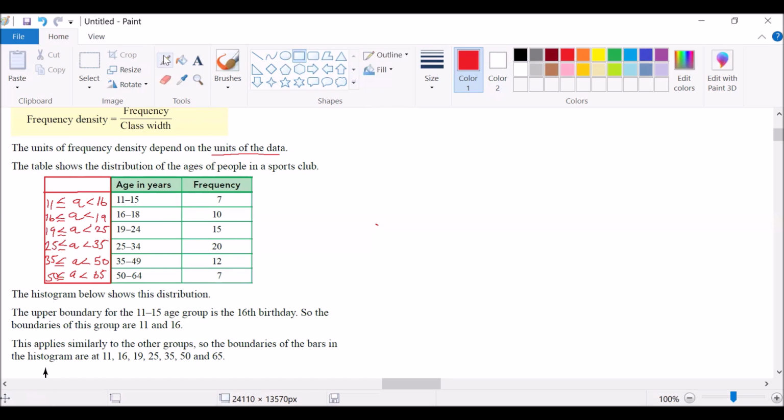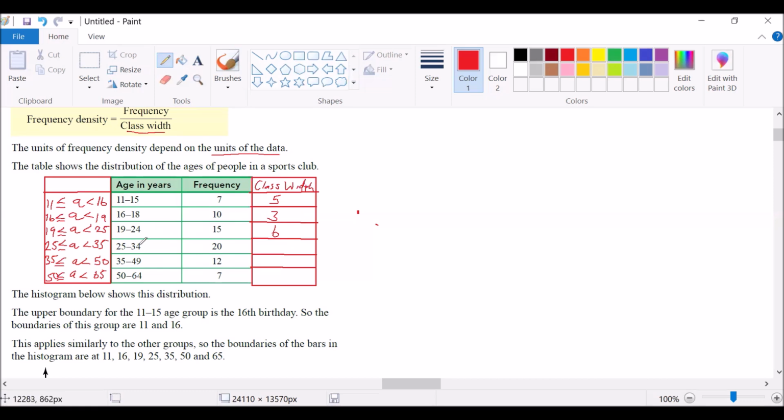We now have to calculate our class width. So we put a column for class width. For this age group, our class width is 16 minus 11, which is 5. For the next age group, 19 minus 16, which is 3. For the next, our width is 25 minus 19, which is 6.